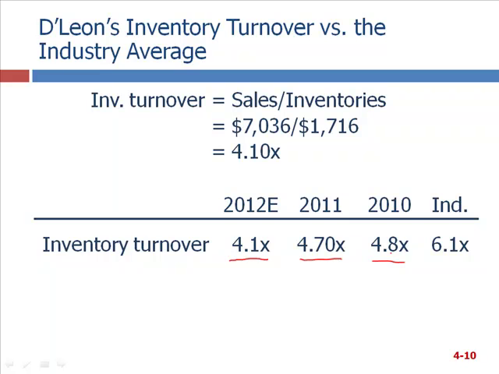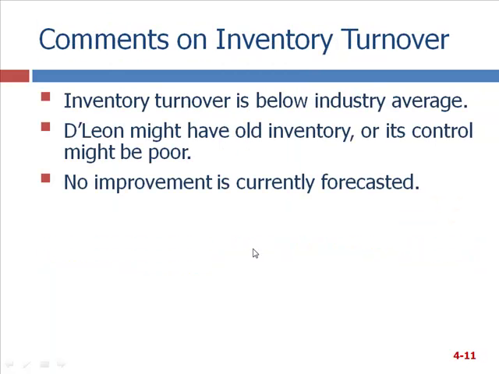So there's this steady downward trend in the inventory turnover ratio that you don't really want to see. DeLeon's inventory control is probably not good, or it may have a bunch of old inventory sitting around that it is not likely to sell anytime soon. But either way, it looks like inventory management is a problem area that needs to be addressed.